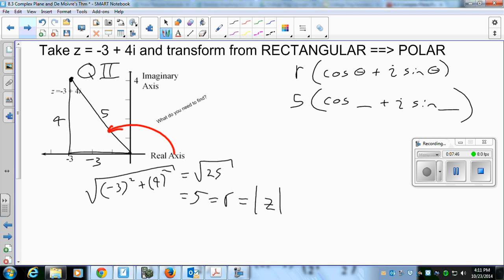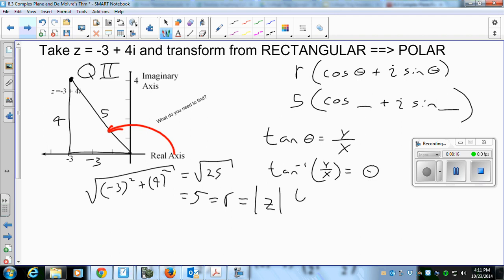Depending on if I use sine or cosine or tangent, it's going to give me a different quadrant angle. Going off of what has been familiar to us from the last bit of work, we know that tangent of theta is equal to y over x. When I do inverse tangent of y over x, I get my theta.